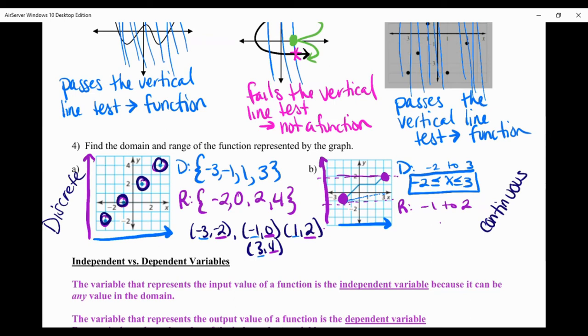It could be 3/10, 3/4, 3/5. It doesn't need to be specific values. It's everything between -1 and 2, including -1 and 2. So y needs to be less than or equal to 2, but it also needs to be greater than or equal to -1. And we change the variable because we're talking about the range. We're talking about the y values.